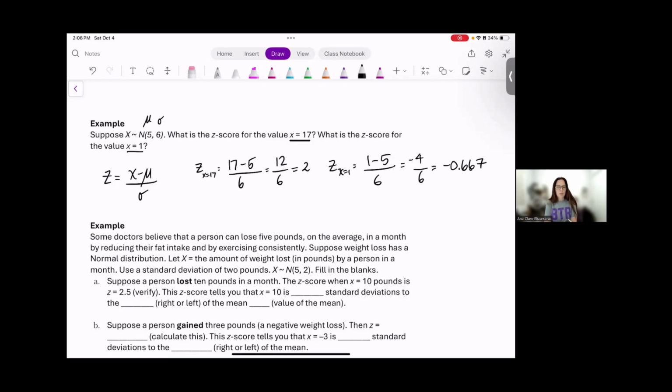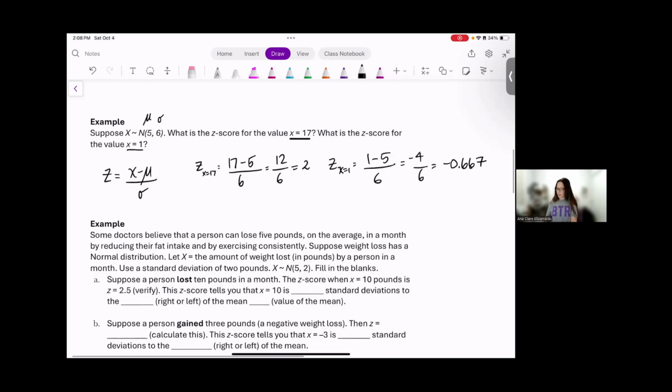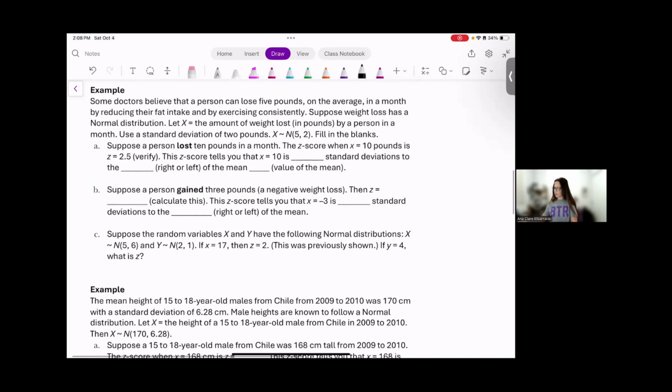Okay. In our next example, we're going to be filling in some blanks. Some doctors believe that a person can lose 5 pounds on average in a month by reducing their fat intake and by exercising consistently. Suppose weight loss has a normal distribution. It's really important that we read that somewhere in our work. Otherwise, we don't really know which calculator to use. So X is the amount of weight loss in pounds by a person in a month.